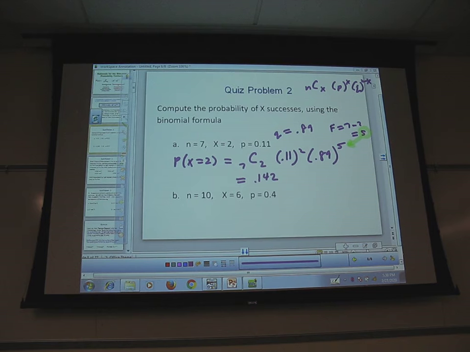Okay. Does anybody need another minute to finish up 2 and 3? No? Okay, you guys are like, let's go. Okay, good. Probability x is 6 is 10 choose 6 times 0.4 to the 6th, times, well, let's see, if p is 0.4, that means that q must be 0.6, right, because they have to add up to 1.